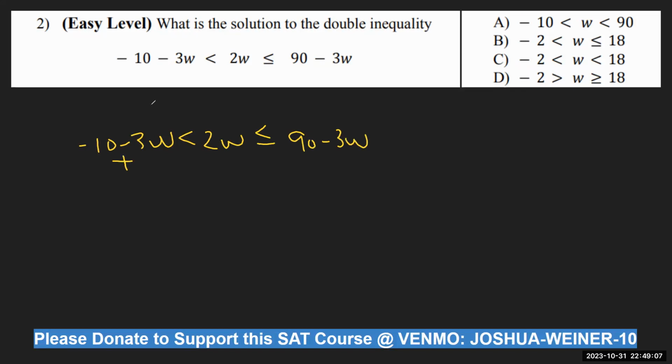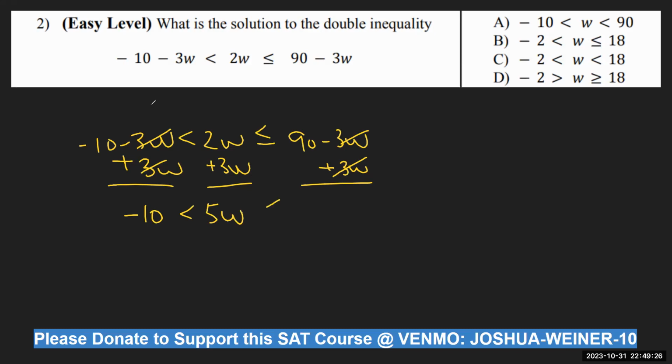Well, here we have a double inequality, so we can add 3w to the left side, the middle, and the right side, and rewrite the inequality. The left side will simply be negative 10. In the middle section, we'll have 5w. The inequality sign is not flipping because we're simply adding, so it'll still be less than or equal to, now 90.